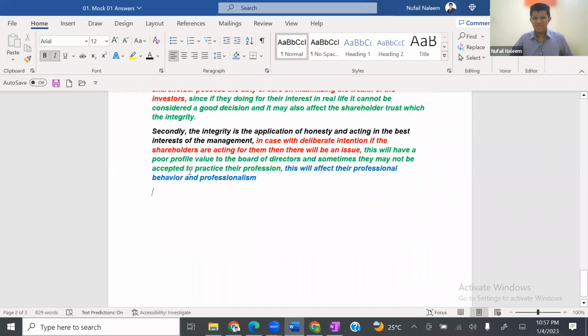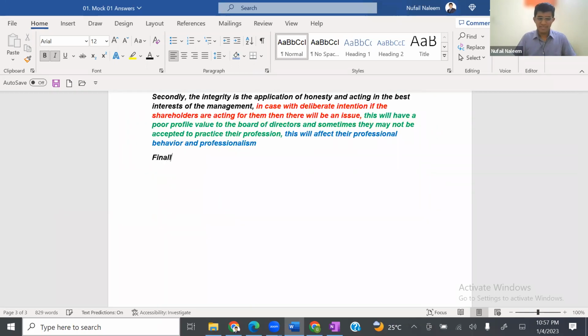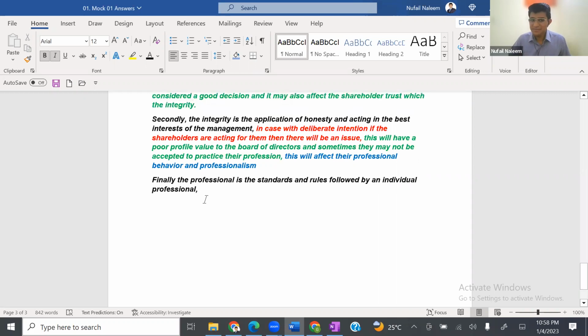So I'm going to write down that. Finally, the professional behavior is the standards and rules followed by an individual professional. So students, I believe this is giving you better clarity.